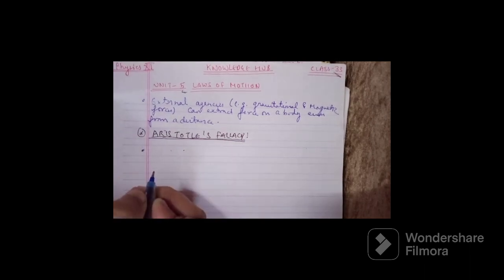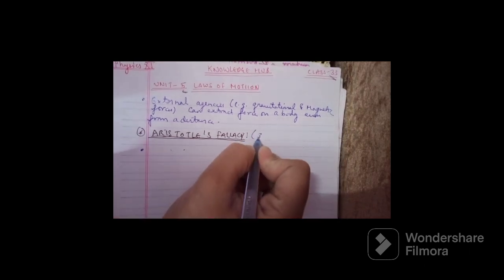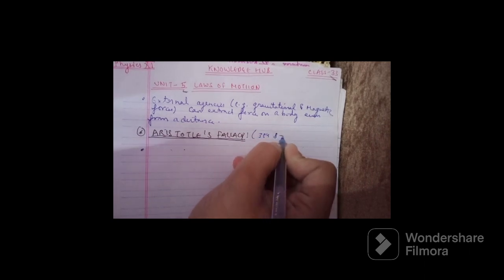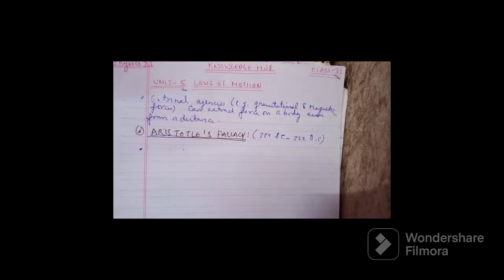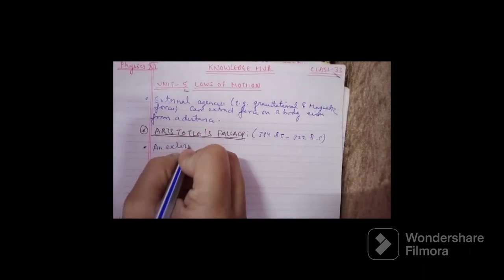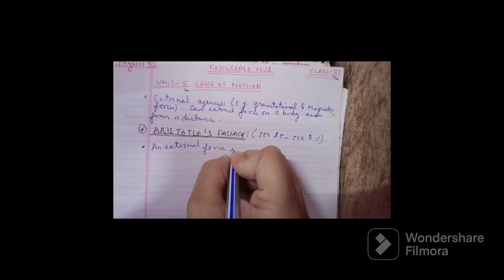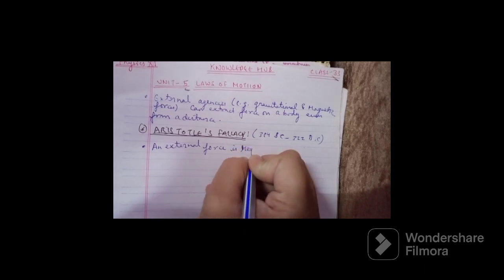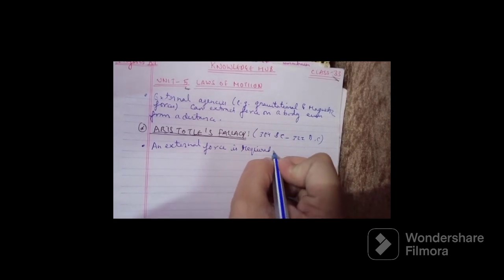This is a very important point given by Aristotle's fallacy. Aristotle was a Greek thinker, 384 BC to 322 BC, who held the view that an external force is required to keep a body in motion.